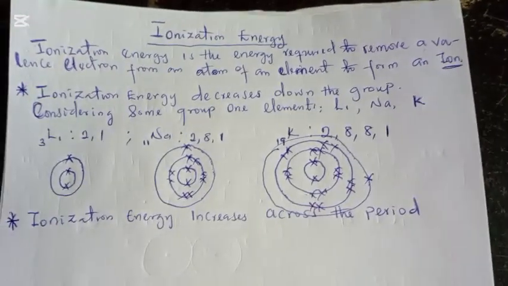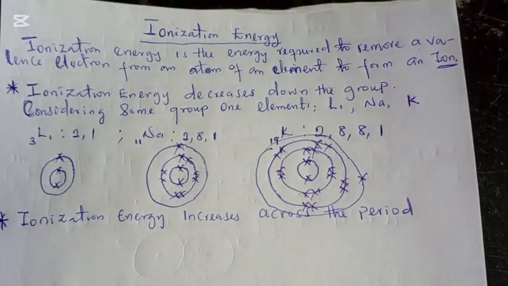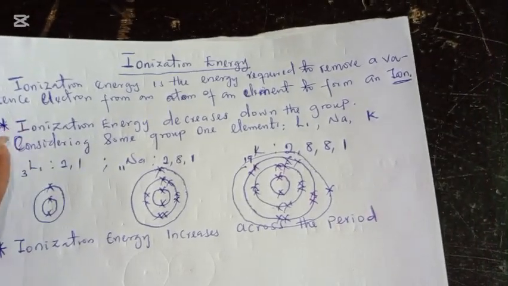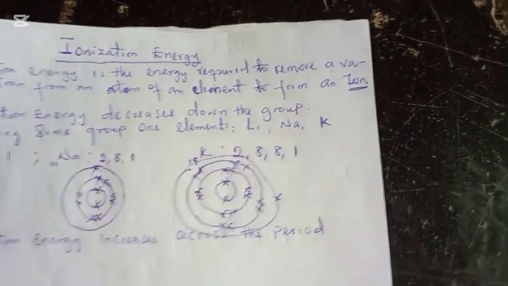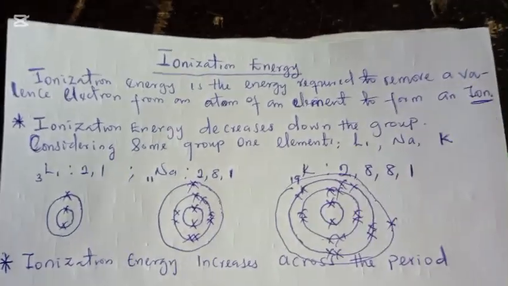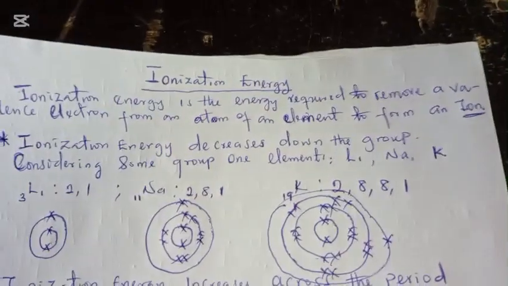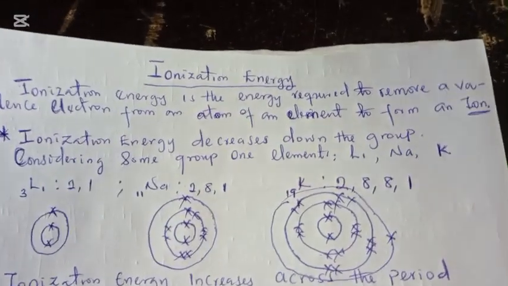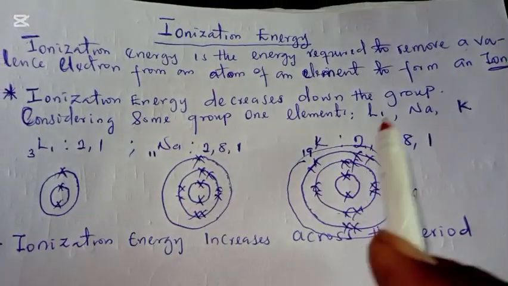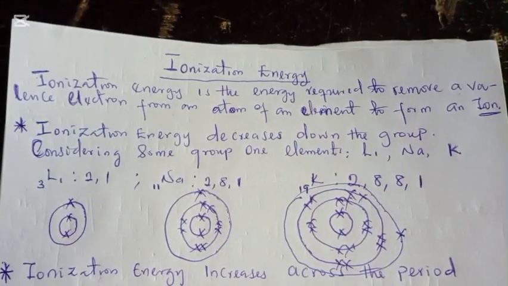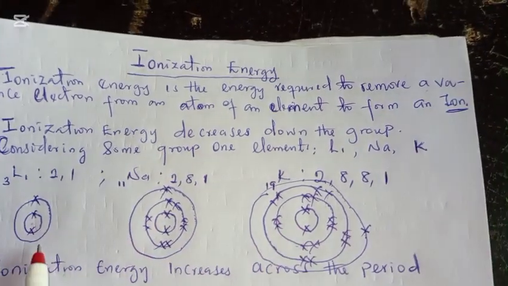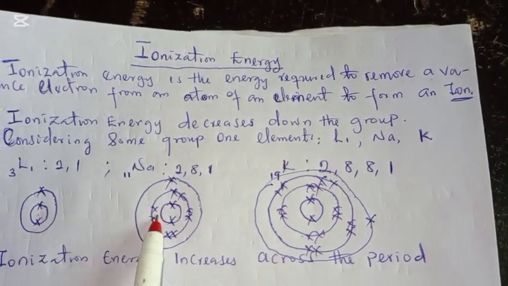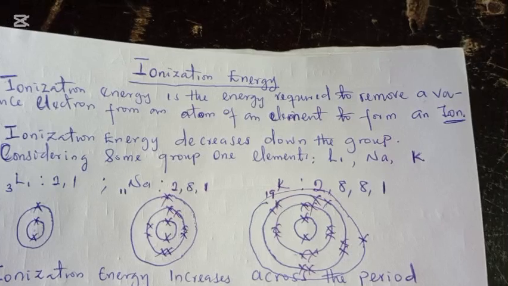Now, remember I said ionization energy decreases down the group. Why do we agree that ionization energy decreases down the group? Remember that ionization energy is the energy required to remove the valence electron from an atom of an element to form an ion. Now, look at what happens here. As we move down the group, you would agree with me that we have more shells drawn.